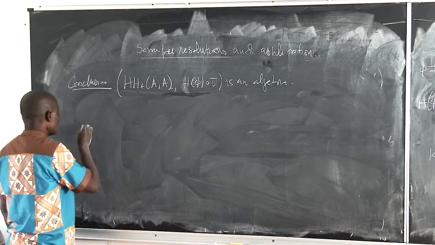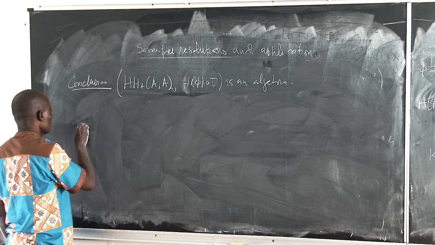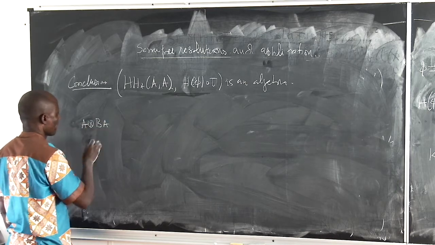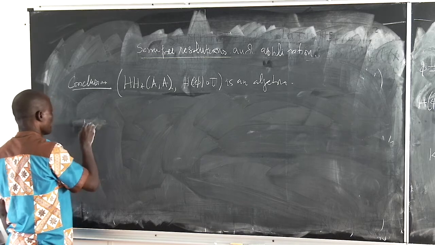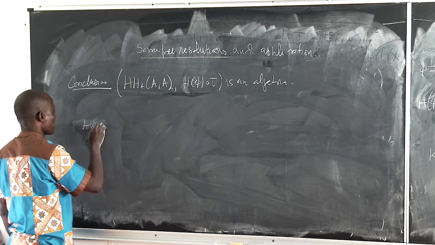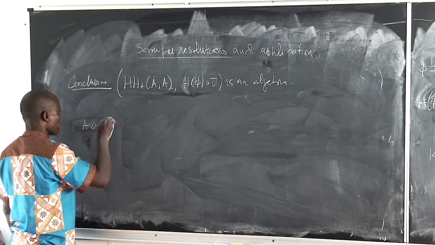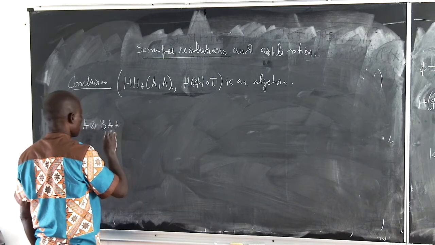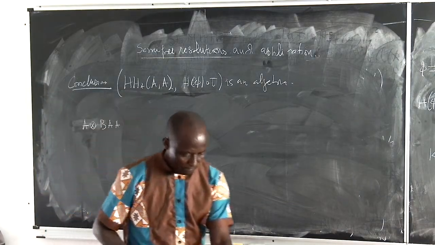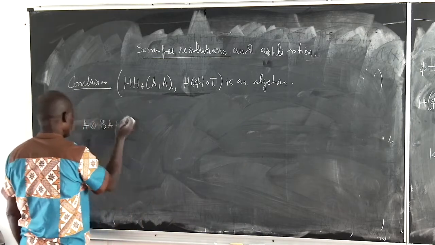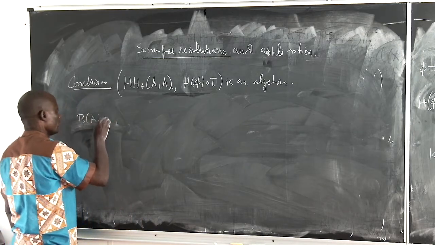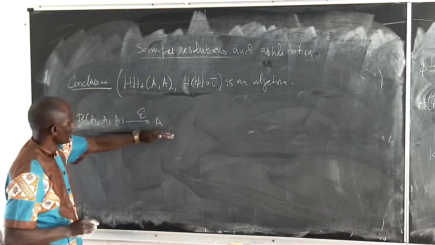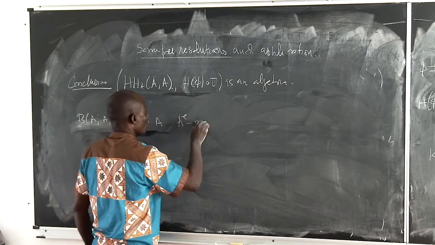Now I told you that BA is a semi-free resolution as an A^e module.